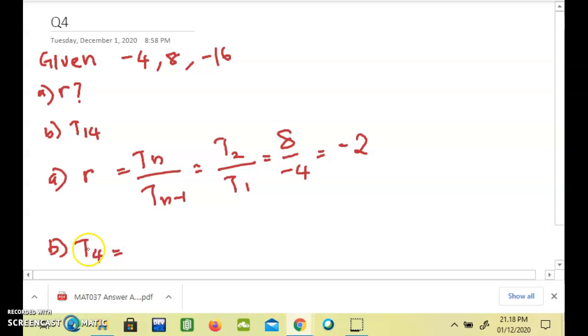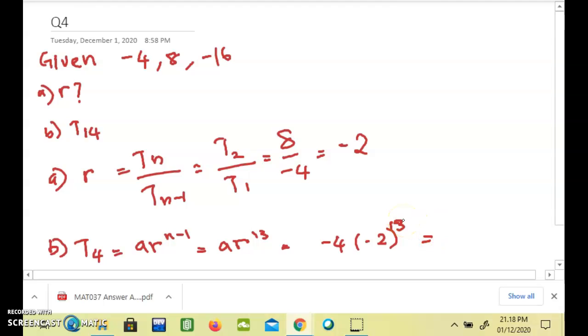Now we want to find T14. To find T14, the formula is AR to the power of n minus 1, which is AR to the power of 13, which is -4 multiplied by -2 to the power of 13.